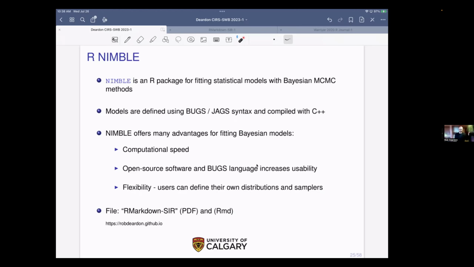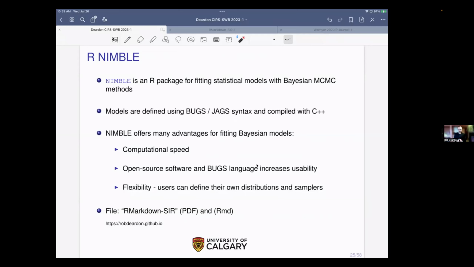And then the other thing that I can't really get into today is that Nimble also allows us a lot of flexibility. So basically you can go into Nimble and change the MCMC proposals, the samplers that are being used for different parameters, to make things more efficient. That becomes important when we do data augmentation.